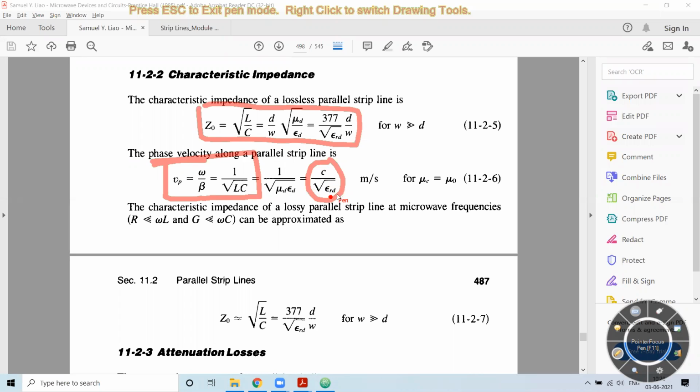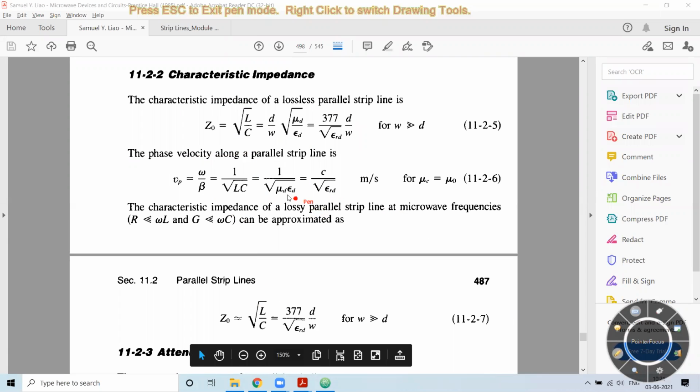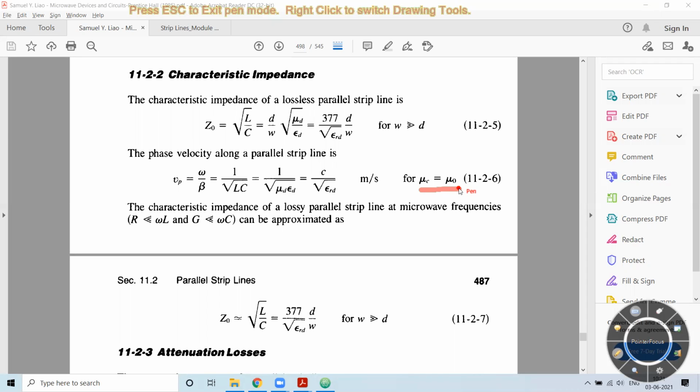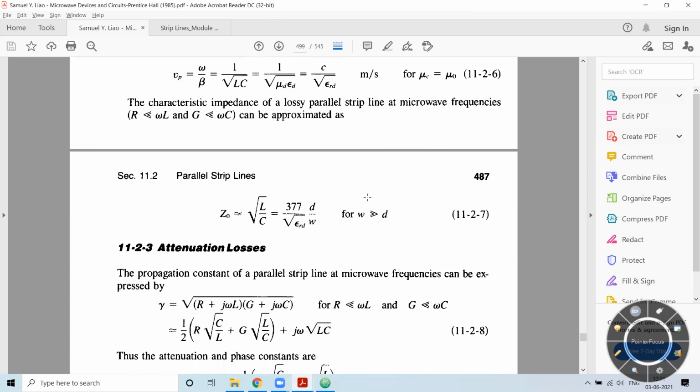Again, this is relative dielectric permittivity. And what we are doing is we are assuming that mu c is equal to mu naught, which is 4 pi into 10 raised to minus 7. So we are assuming that condition, and we are simplifying it to this equation.